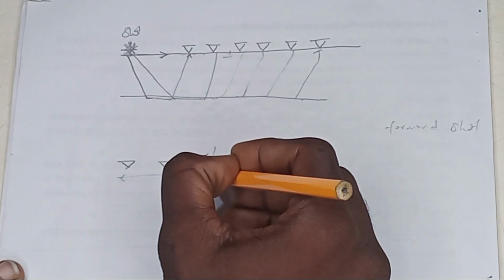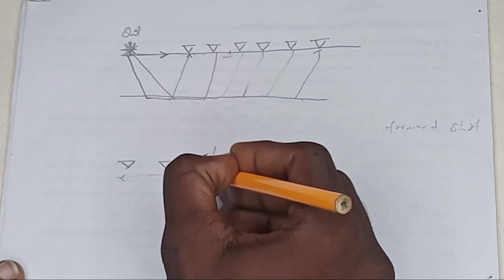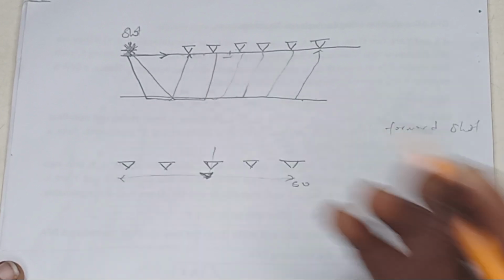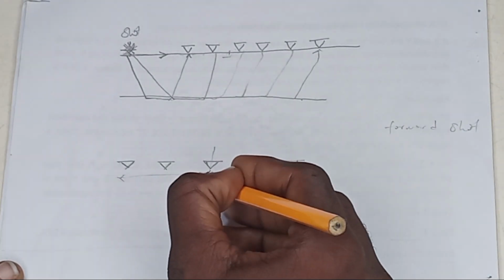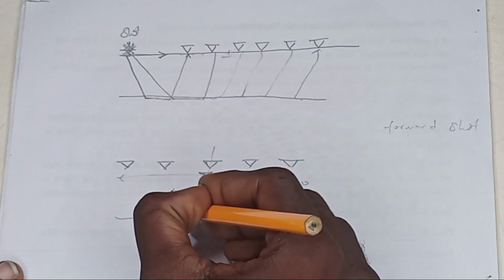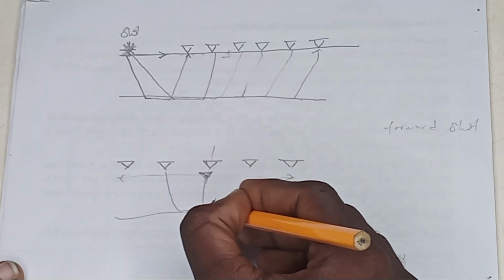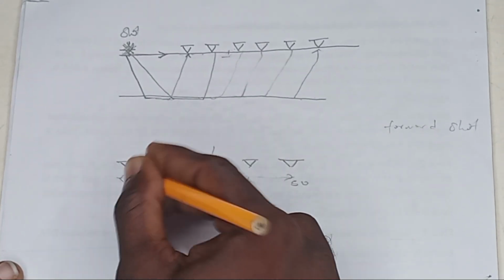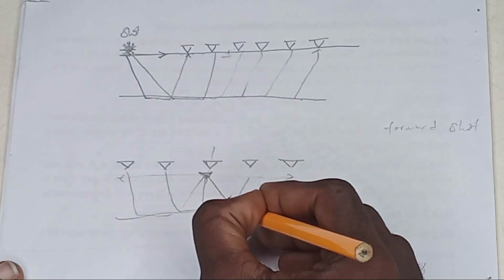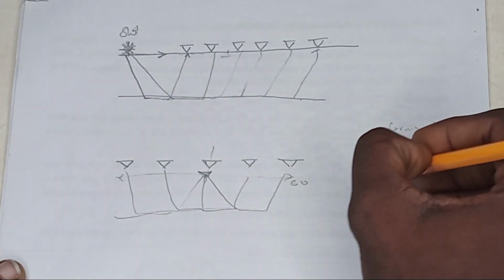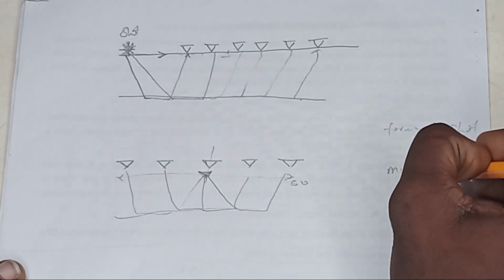We now shoot, this is where our shot is. Explode your dynamite or hit the hammer on the ground. So this will hit the ground and move, critically refracted to this point, critically refracted to this point, and to this point. And this is what we call the mid shot, mid shooting.